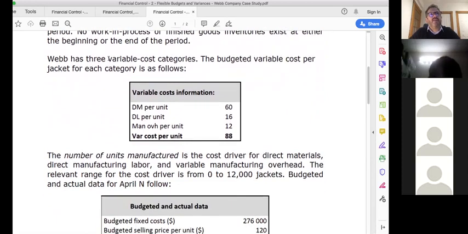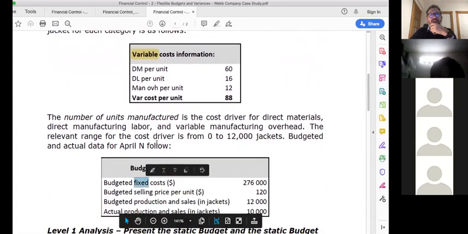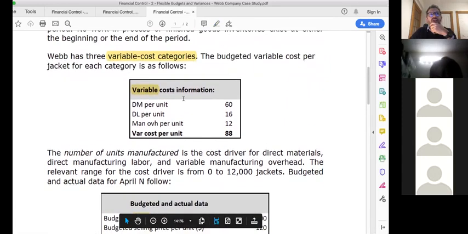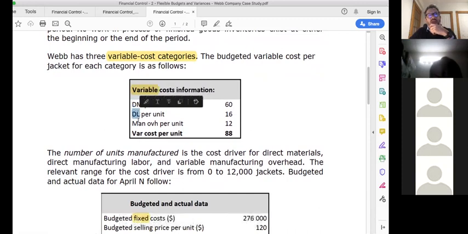So we get three variable cost categories. Here these costs are variable. Certainly we will talk about fixed costs later on. In the variable costs we get direct material, direct labor, and some manufacturing overhead, which is variable as well.